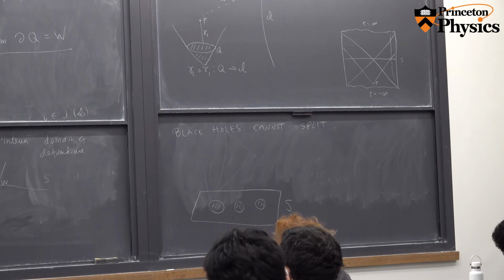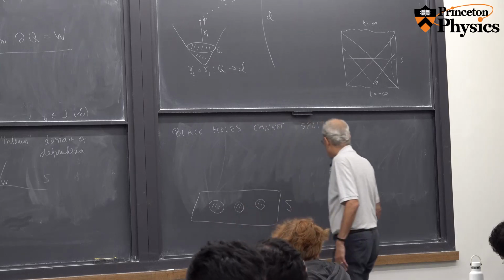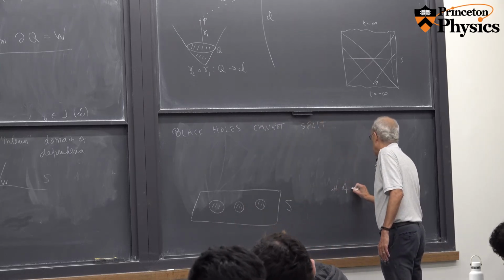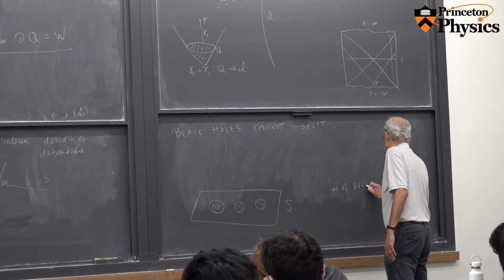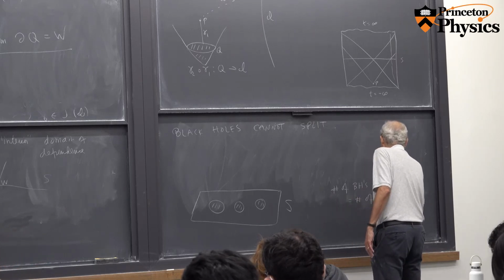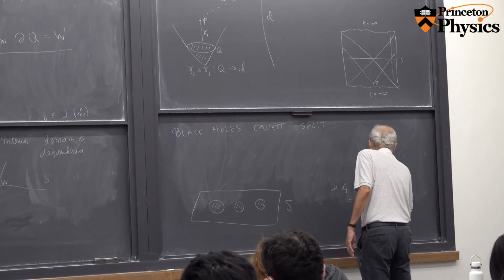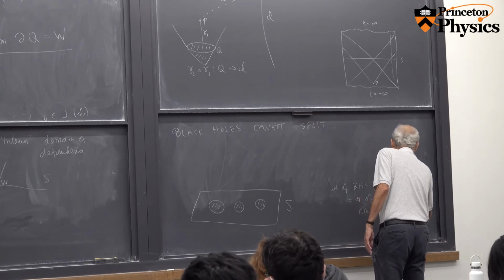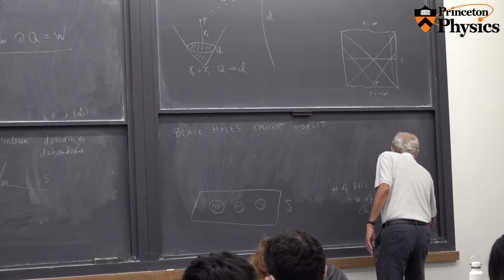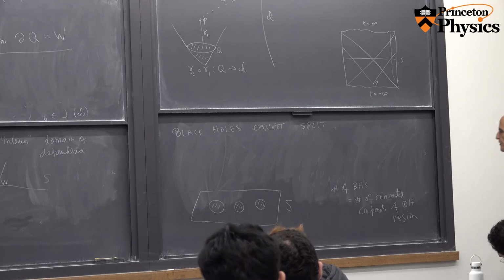So, the number of black holes on this hypersurface is just the number of connected components of the black hole region. So I've drawn an example where on the surface S there are 3 black holes.